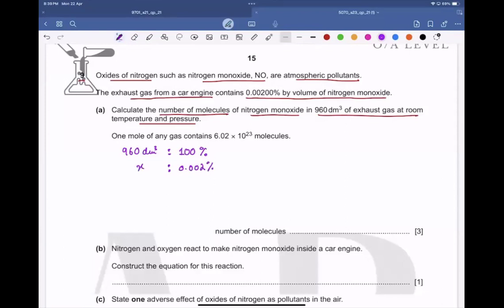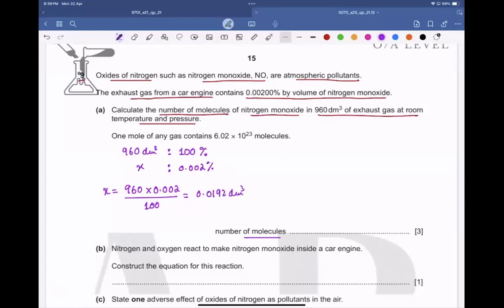So just calculate the percentage of nitrogen monoxide, how much volume it is. So 960 times 0.002 divided by 100. Can anyone calculate it and tell me the answer? Okay. It's 0.0192 dm cube. And they are asking for the number of molecules.